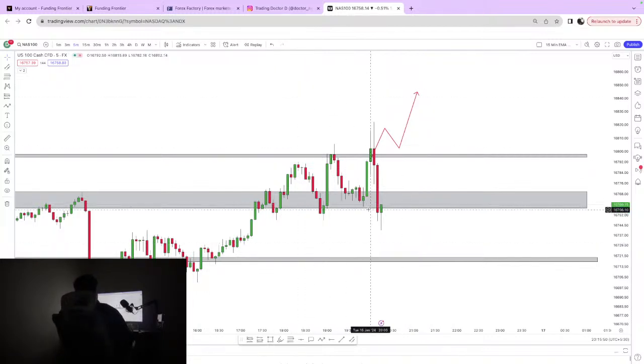So in this zone, it's clear manipulation going on, right? It is tempting again and again both buyers and sellers.